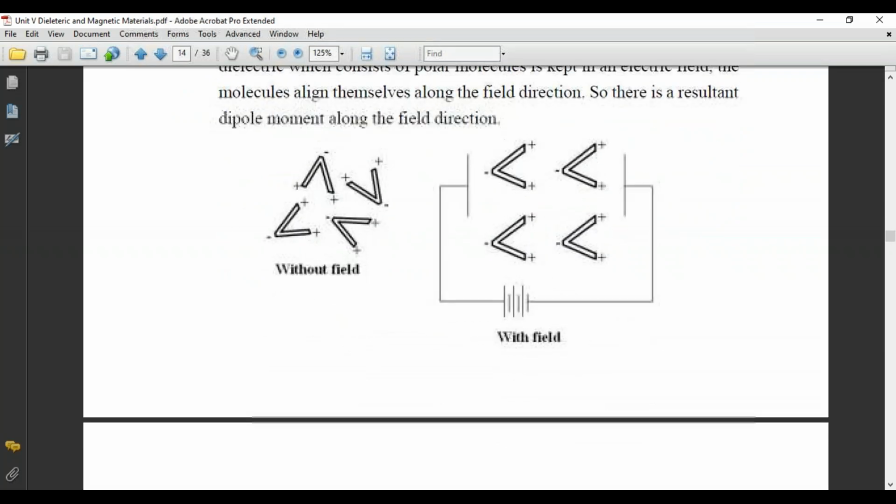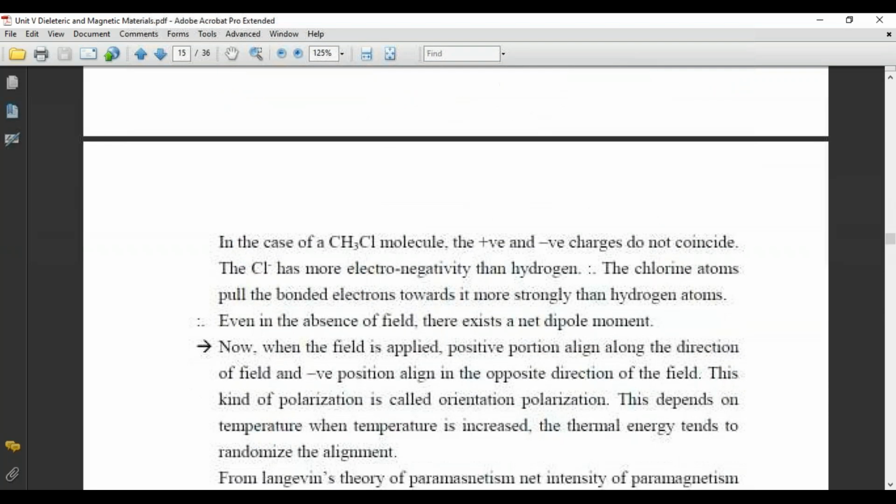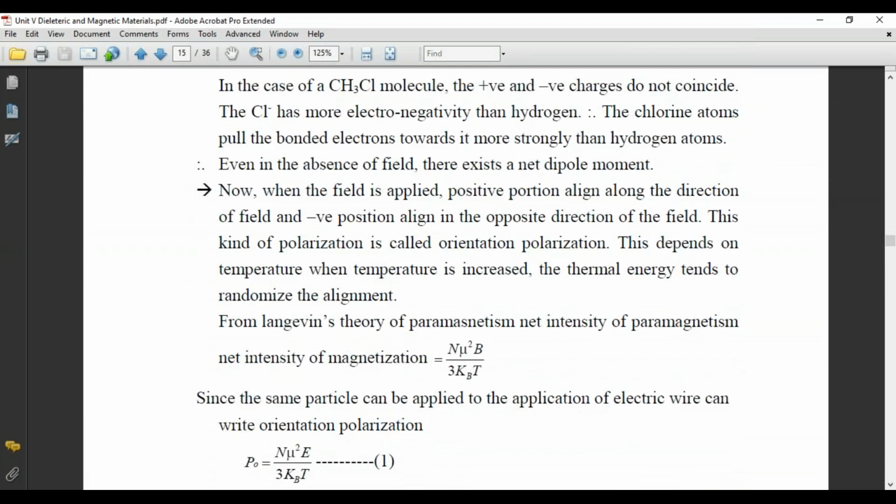When the field is applied, the dipoles align in the direction of the applied field, and then polarization occurs. The positive portion aligns along the direction of the field and the negative portion aligns in the opposite direction. This kind of alignment is called orientation.